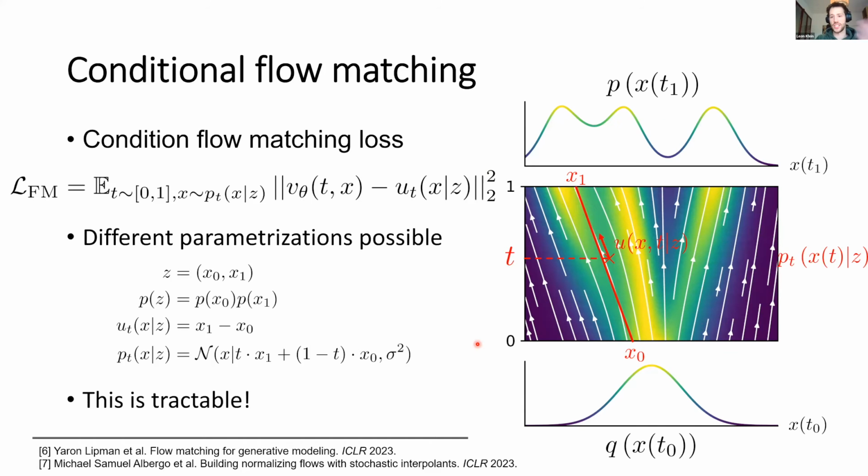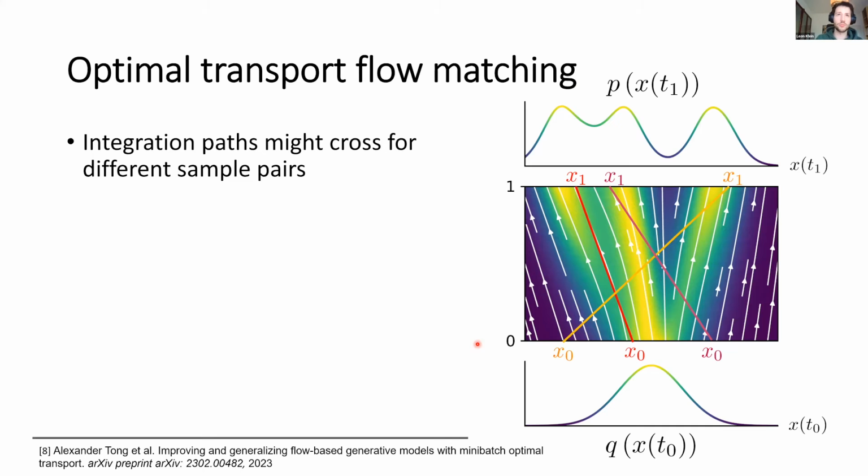So let's have a look at optimal transport flow matching now, or what I call optimal transport flow matching. I think there are different names for it. What can happen, of course, if we randomly pick these samples from the prior and from the target and just pair them, is that these vector field directions will cross. So this might not be desirable.